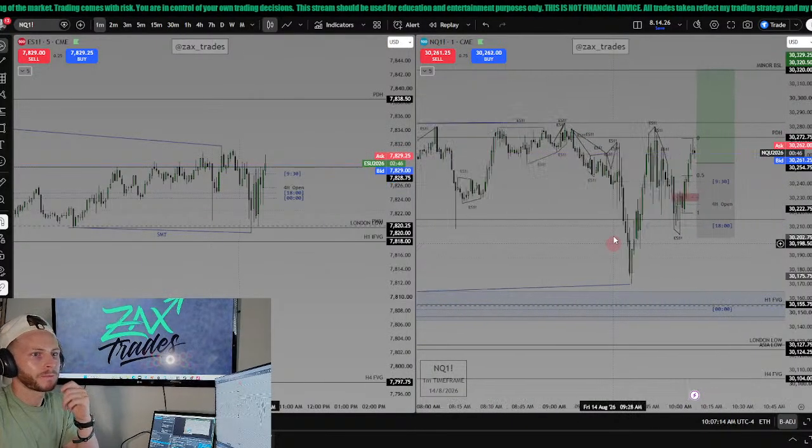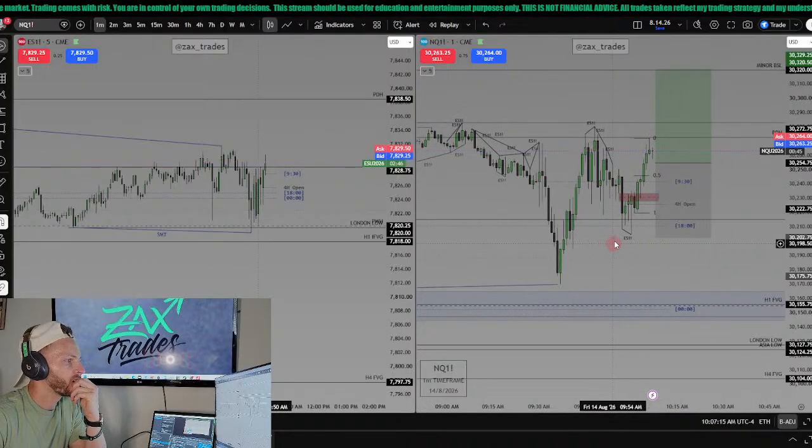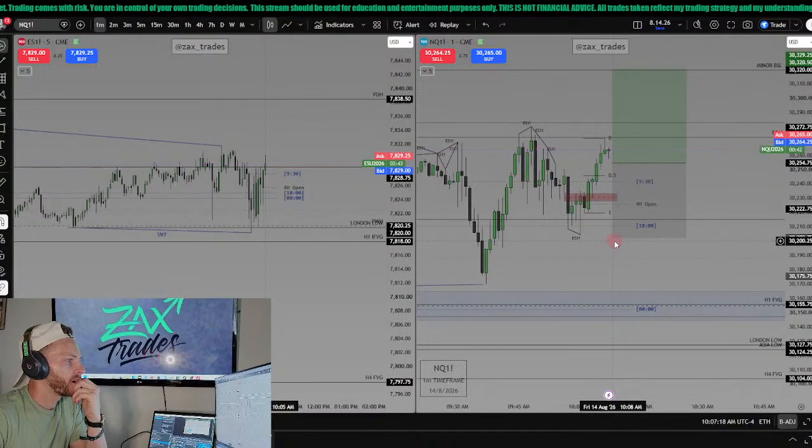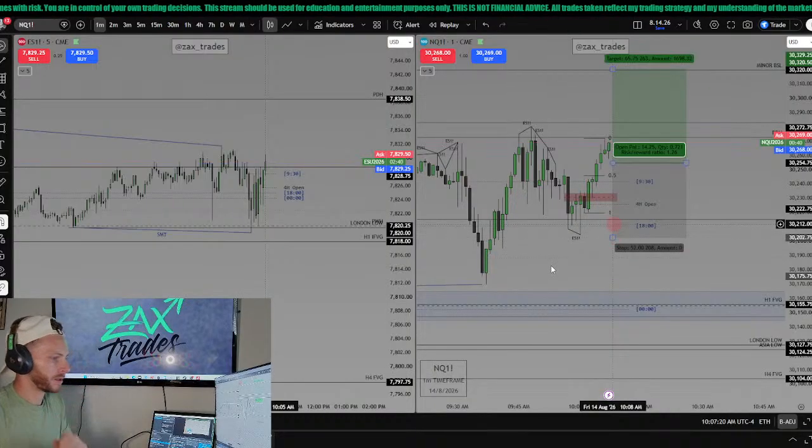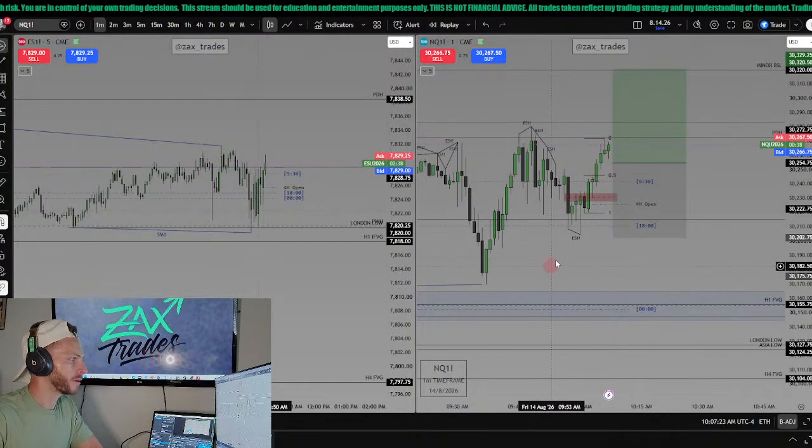Okay. Would like this thing to pull back down into that equilibrium of that range.